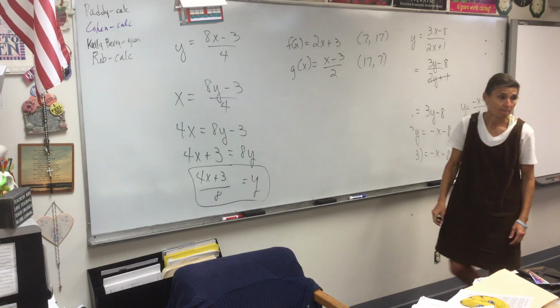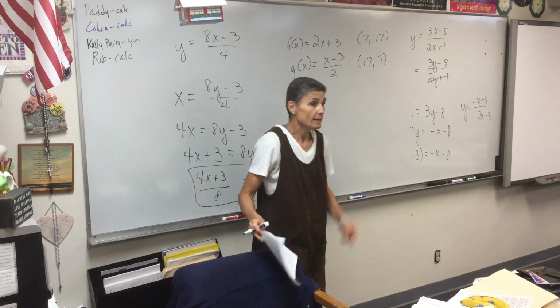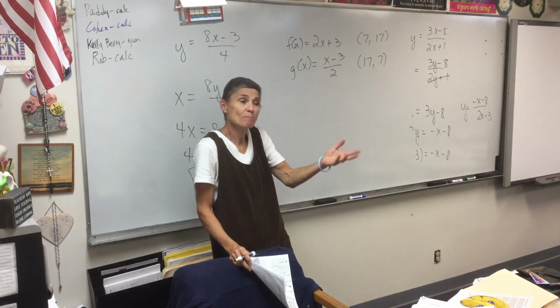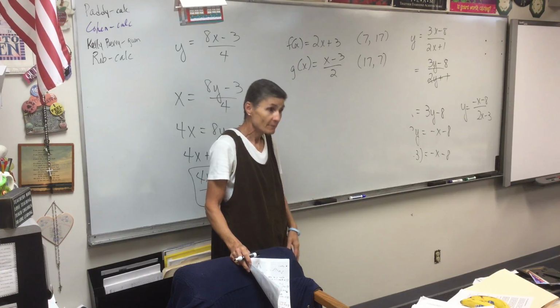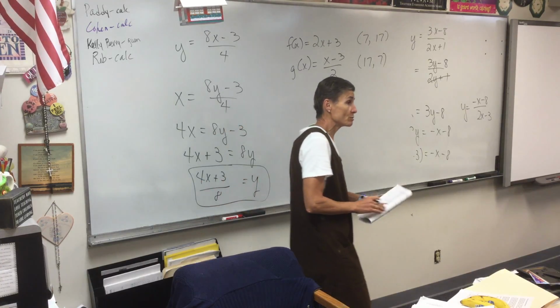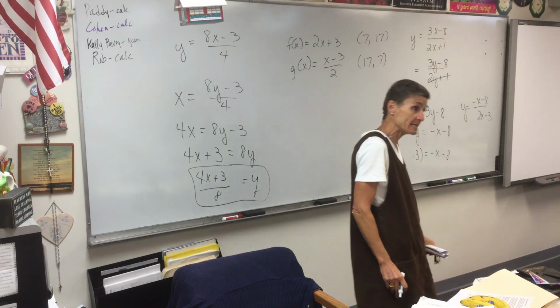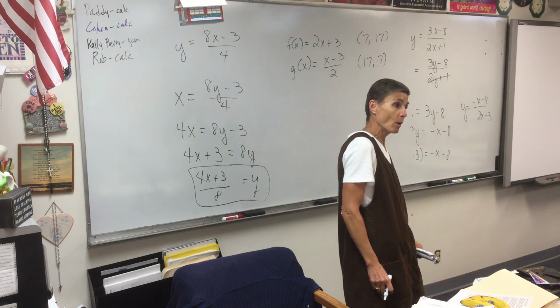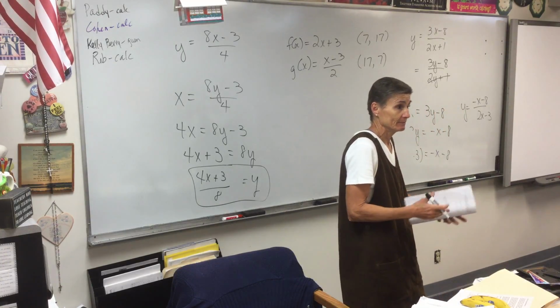So, what's a condensed version of saying that? You say what I just said, and yes, you may have to write a whole sentence. You say, I got 17 when I put in 7. Or, if you don't want to use I, you can say, when he plugs in 7, he gets 17. When he then plugs in 17, he gets 7.